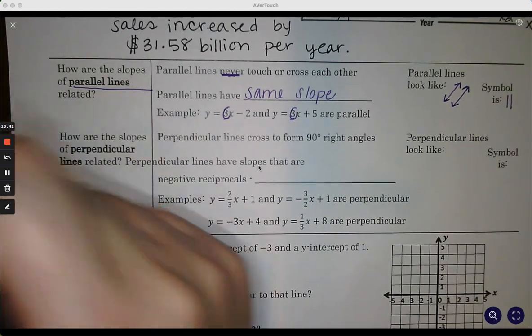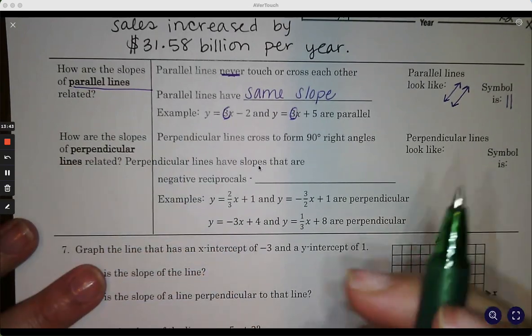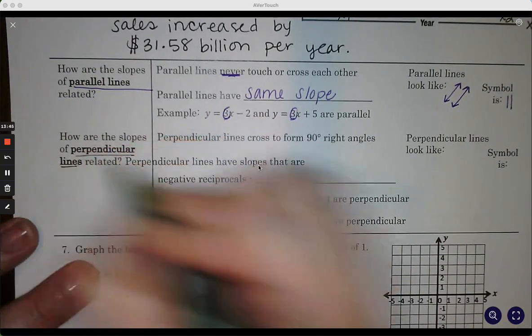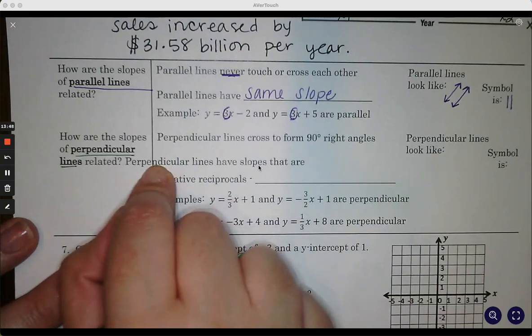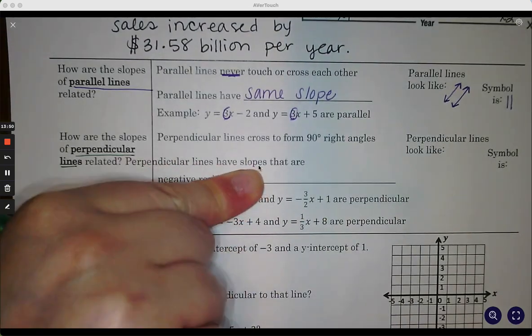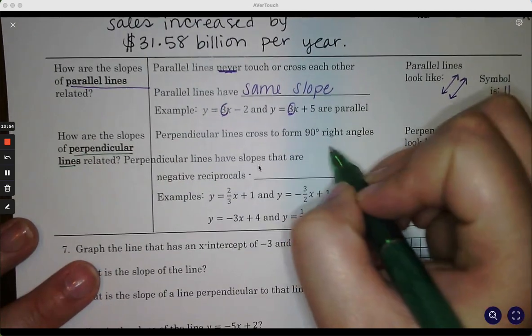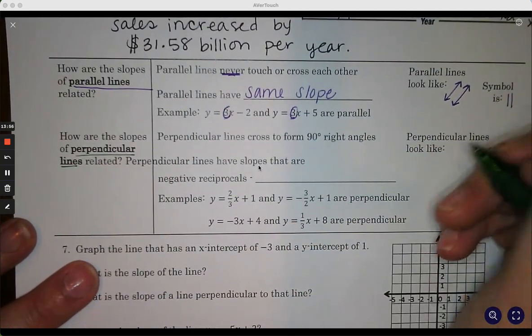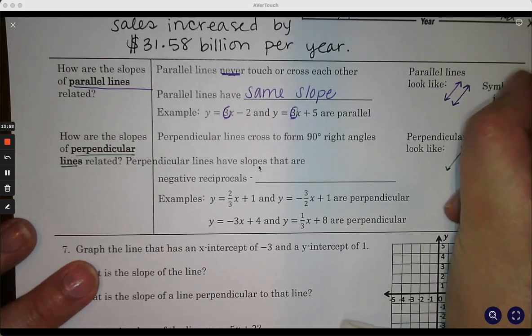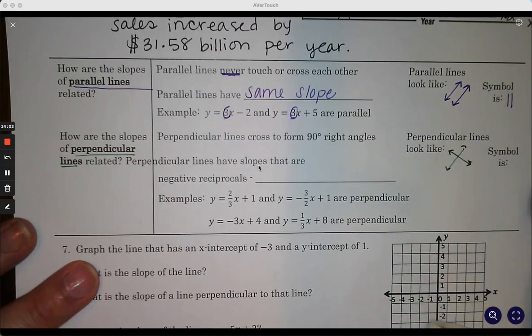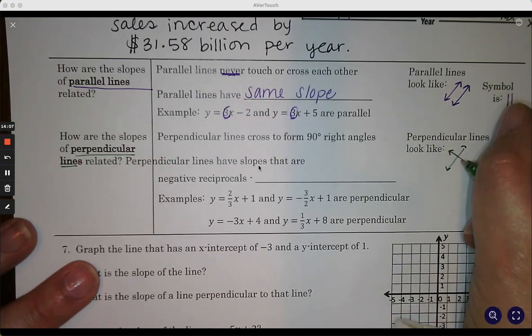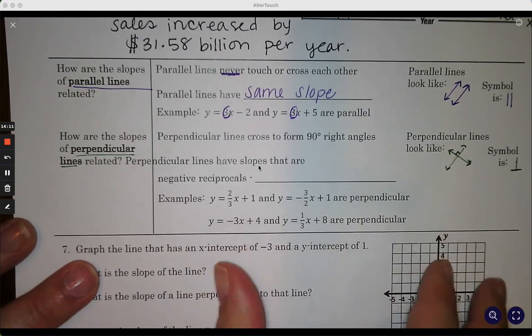On the contrary, perpendicular lines. I don't know why this is all the way over here. That should be centered or something. That actually upsets me. They cross to form 90-degree right angles, so perpendicular lines look like this. The symbol for perpendicular lines is like an upside down T, with a little 90-degree angle hanging out there.